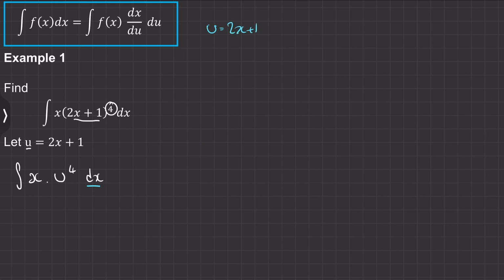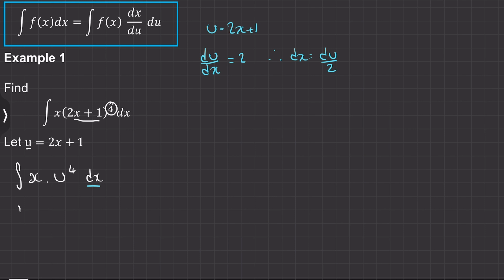So if we differentiate this with respect to x, we get du by dx, which is 2. So then therefore, dx must be equal to du over 2. So all we've done is we've moved the dx to the right side and then the 2 to the left side. So now we can substitute this expression for dx back into our integral.